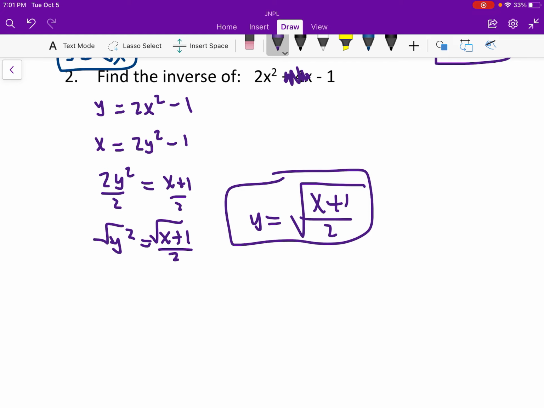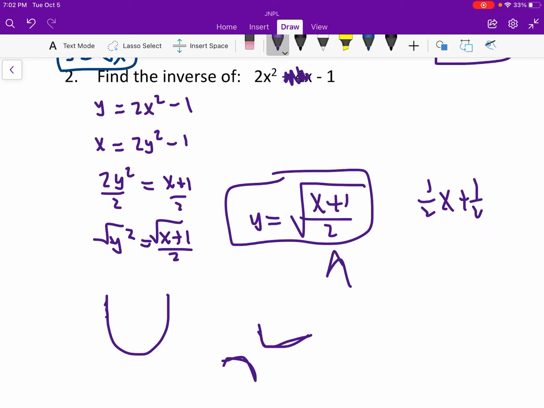And by that, we could tell that our original thing was quadratic, and our new thing is a radical. Although it has a fraction, so you might think, would that mean that it's the reciprocal function? No, because this would end up just being 1/2 x plus 1/2. So, no.